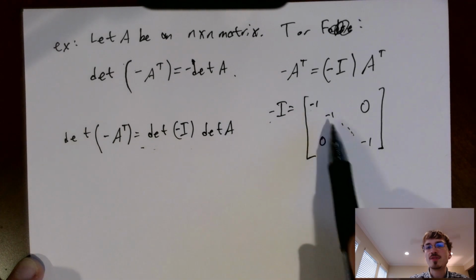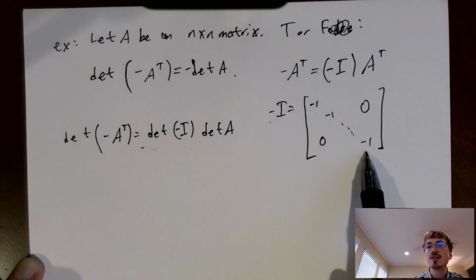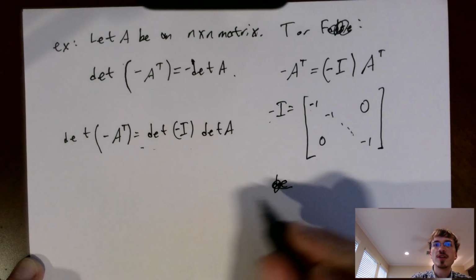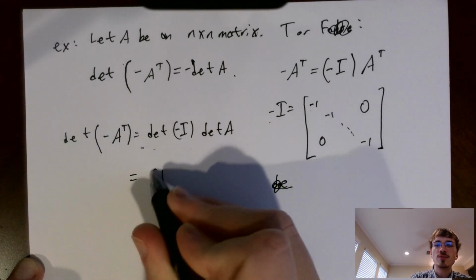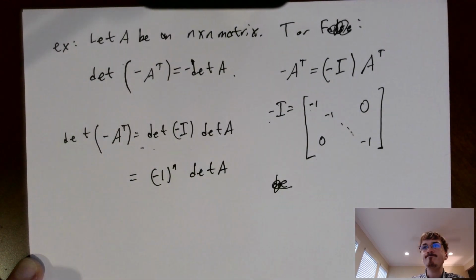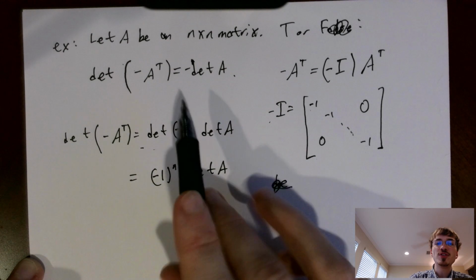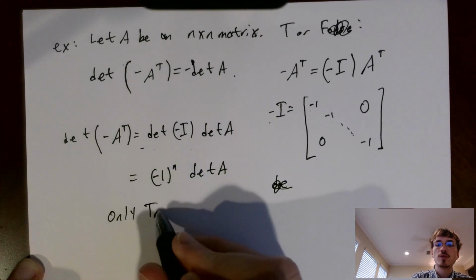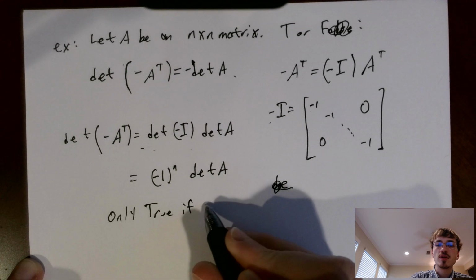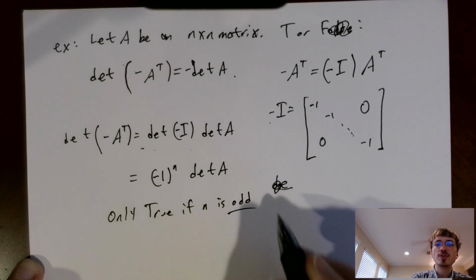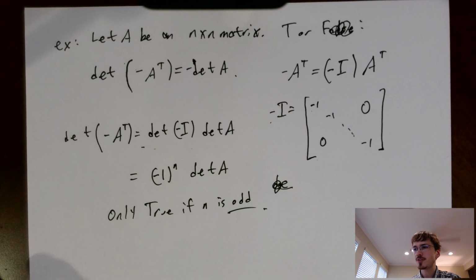Well, what happens if I multiply negative 1 by itself n times? It's actually negative 1 to the nth power, isn't it? Which is not always negative 1. So this is only true if n is odd. It's only true if you have an odd dimension matrix, which is kind of interesting.